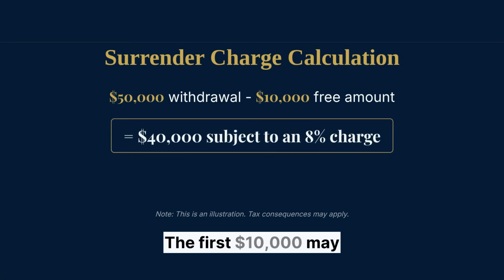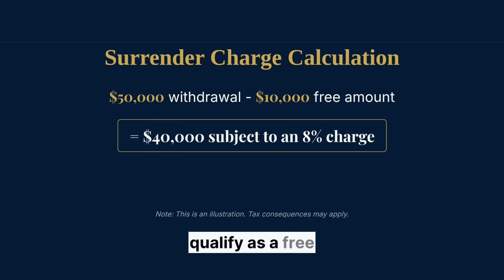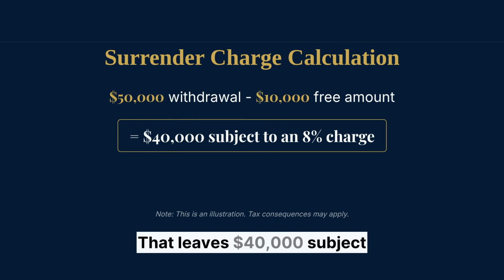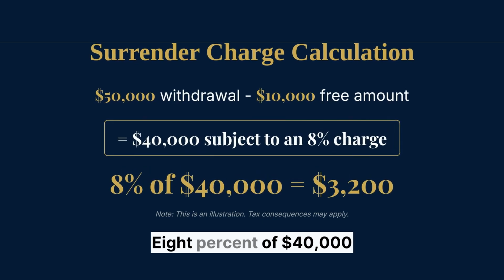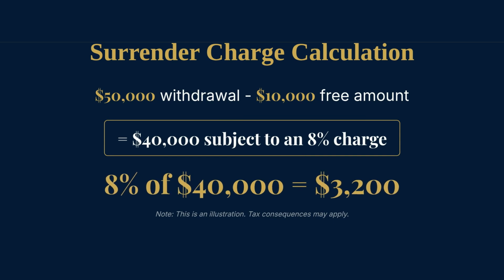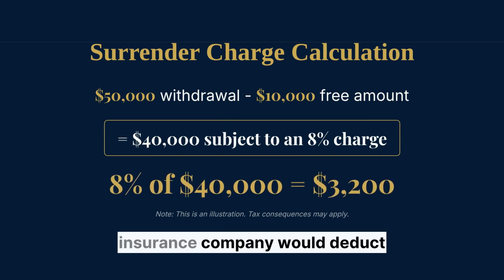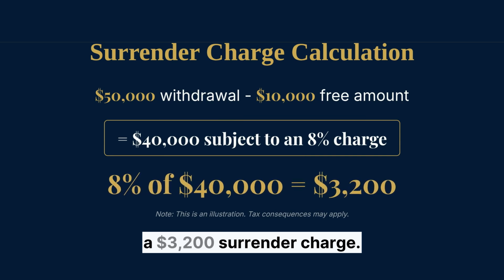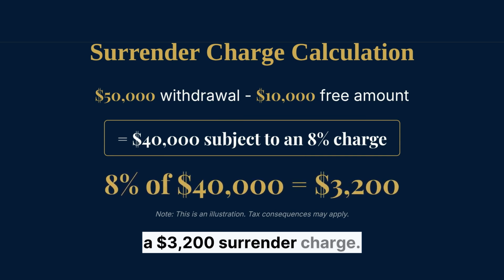The first $10,000 may qualify as a free withdrawal. That leaves $40,000 subject to the surrender charge. 8% of $40,000 is $3,200. In this example, the insurance company would deduct a $3,200 surrender charge.